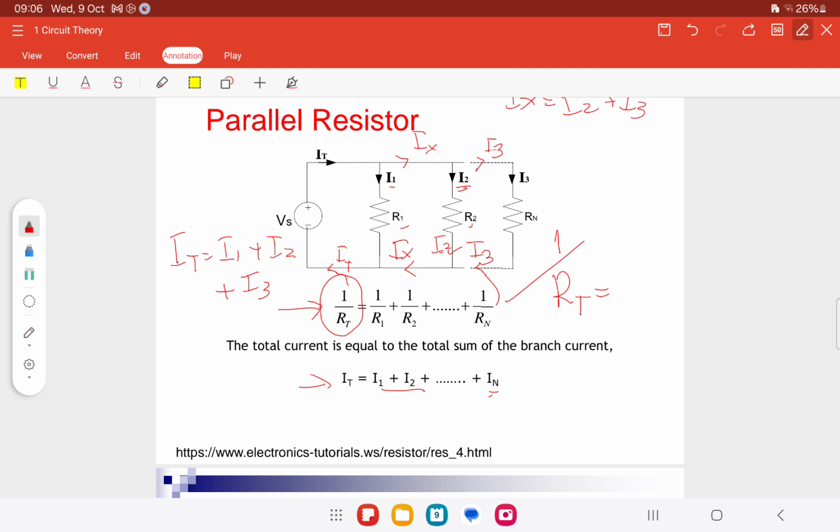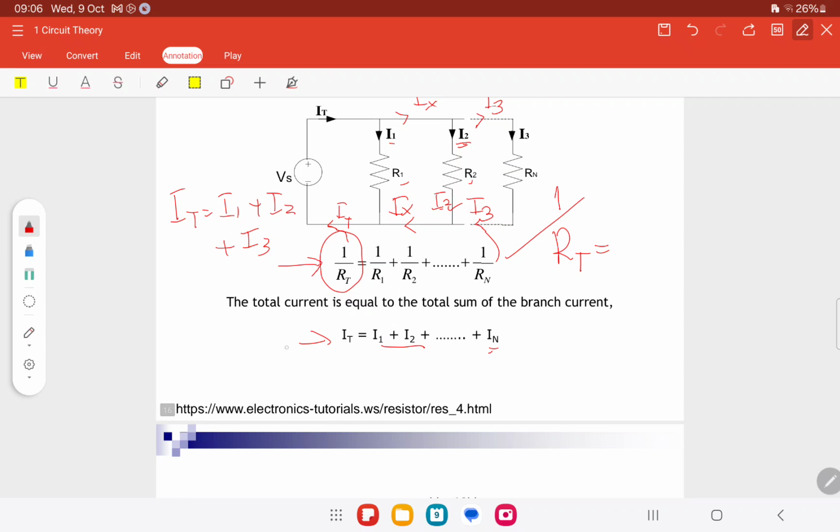And kalau ada dua R1 and R2 sahaja, you can buat kan? And also you boleh tulis macam ni pun dia boleh terima, meaning that it is in parallel.